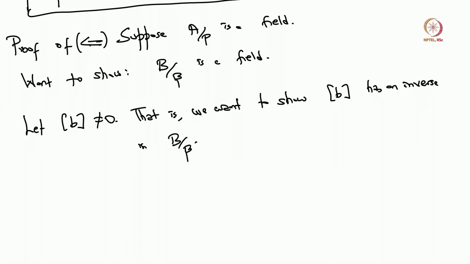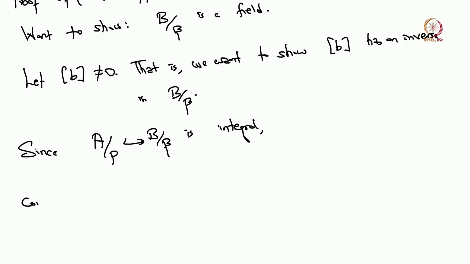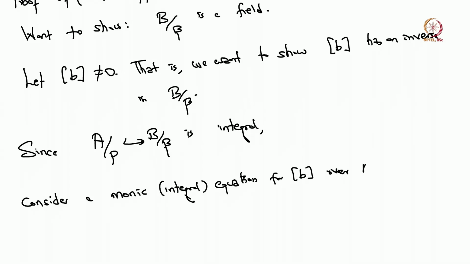So again, we have to use the fact that A over P into B over beta is integral. So you write down a monic equation for this element over A over P, but choose a monic equation that has minimal degree.